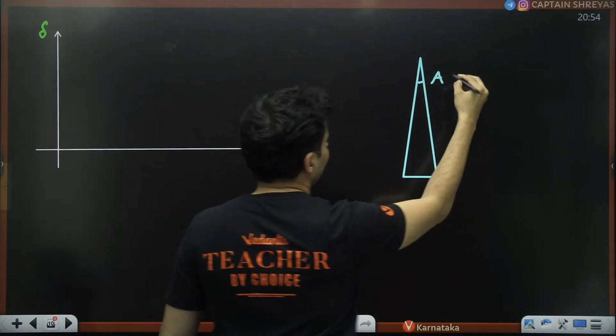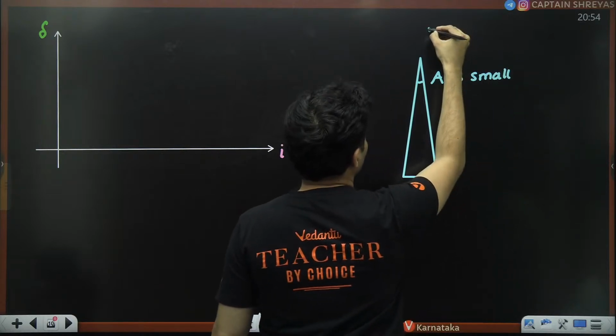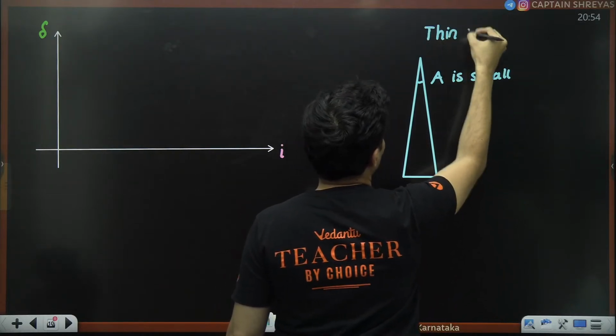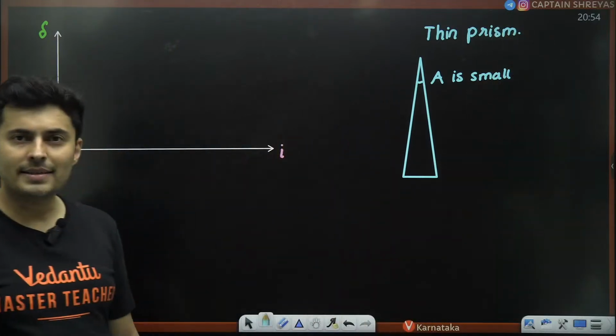When this angle is small, such a prism is called as a thin prism. Such a prism is called as a thin prism.